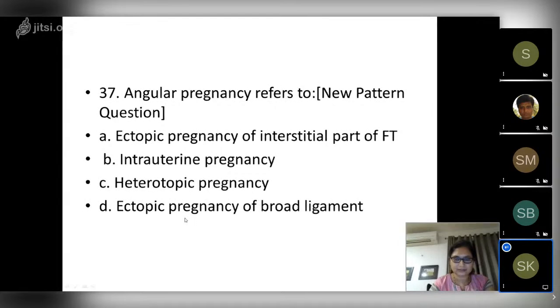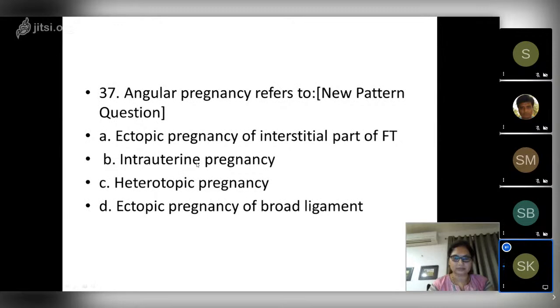Okay, fine. The answer I'll give you, it is B, actually, intrauterine pregnancy. So any pregnancy which is developing in one of the angles of the uterus, that is near to the cornu, that is called angular pregnancy, not an ectopic pregnancy, remember.